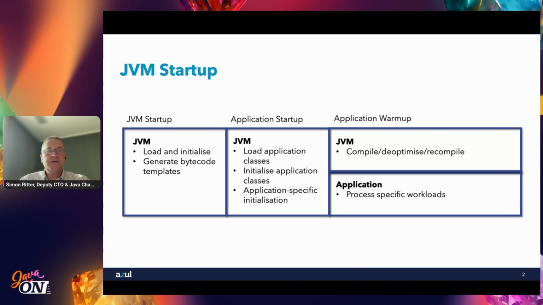But then there's one other thing that's kind of interesting that the JVM does when it starts up. It does this every single time it starts up: for each bytecode in the instruction set that the JVM has, it will generate a template for that bytecode, which is a set of native instructions.